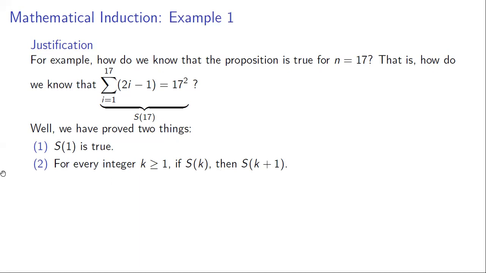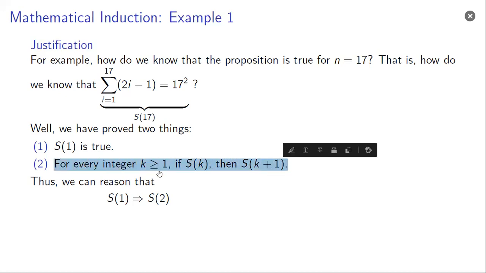So now putting these two things together, we can reason as follows. We know that S of 1 is true. We proved that. For every integer k, if S of k, then S of k plus 1 is also true. So if we have S of 1, it means we also have S of 2, because that's the next number. That's k plus 1. But this is not limited to 1. This applies to every integer k that is greater than or equal to 1.